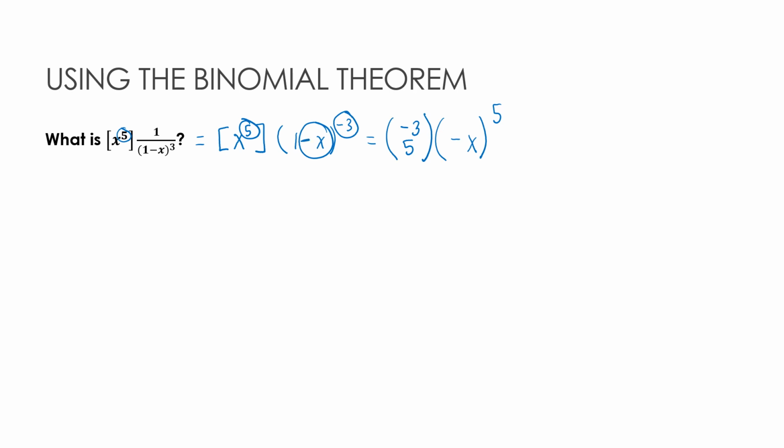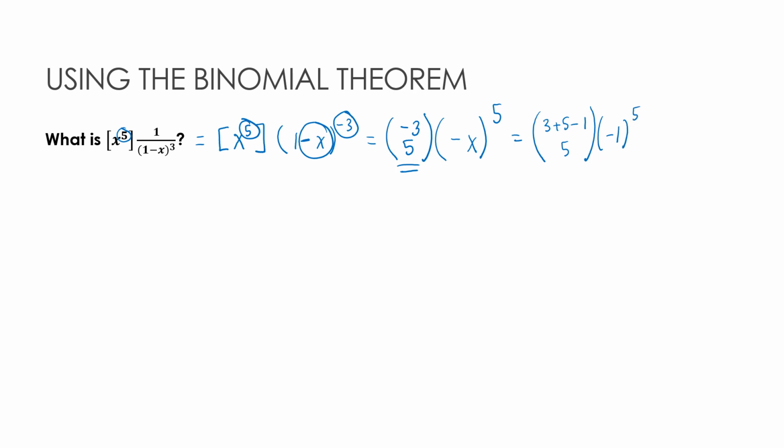What I know about negative 3 choose 5 is that it's actually 3 plus 5 minus 1, choose 5, and then negative 1 to the fifth.